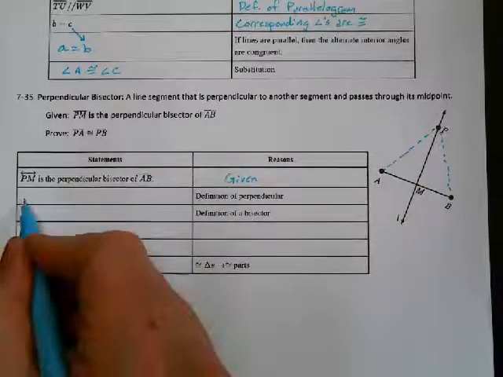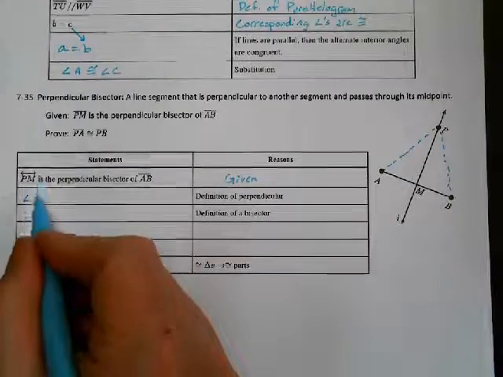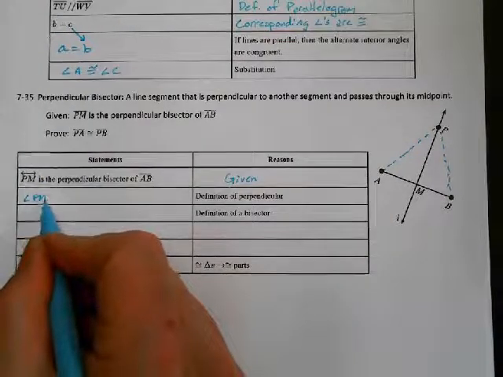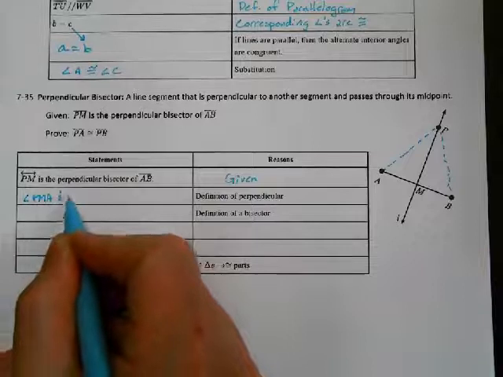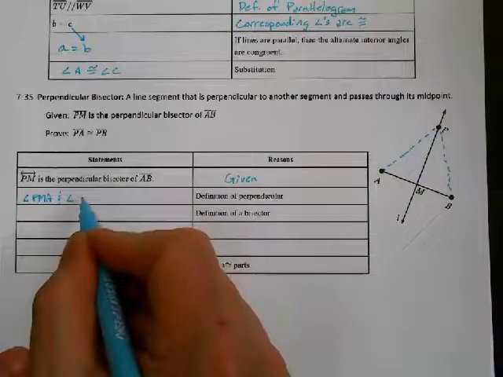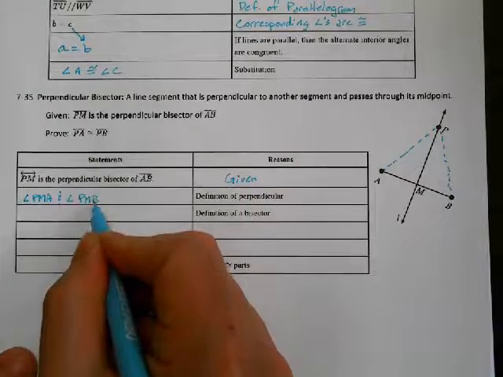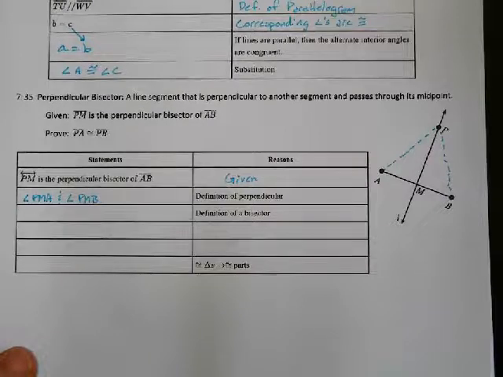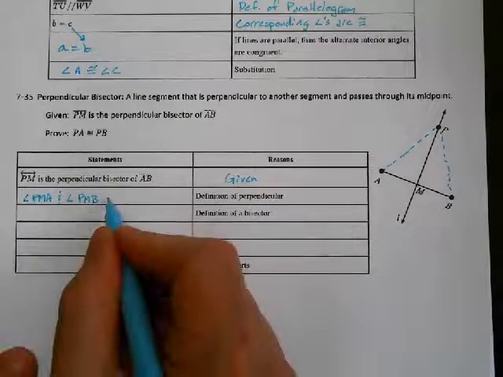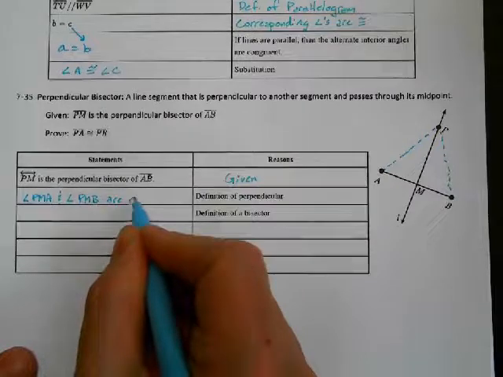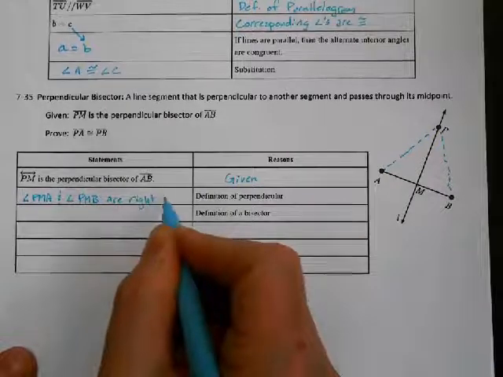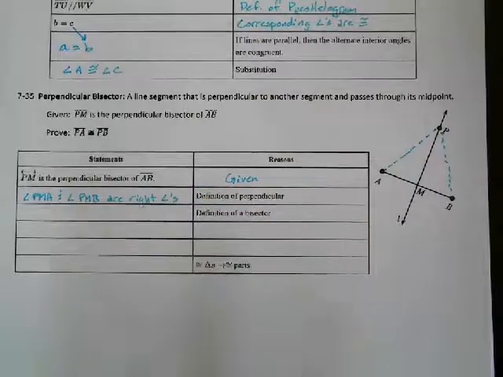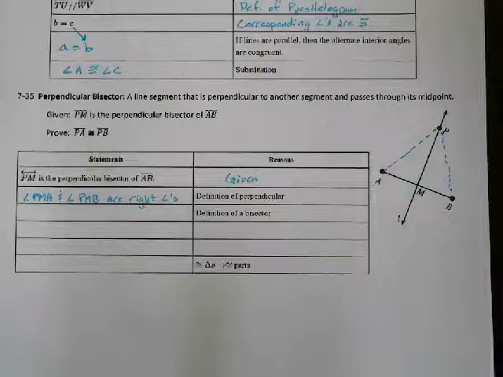So we're going to say angle PMA and angle PMB are right angles. That's the definition of perpendicular. Perpendicular lines create right angles. So those two are right angles.